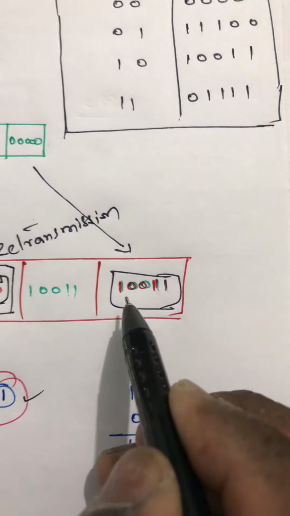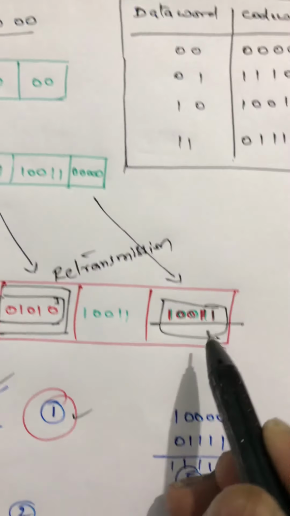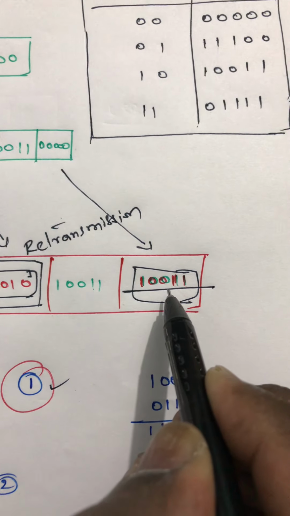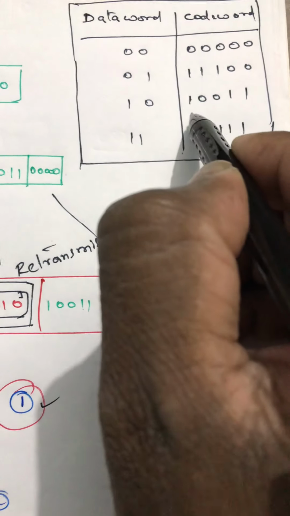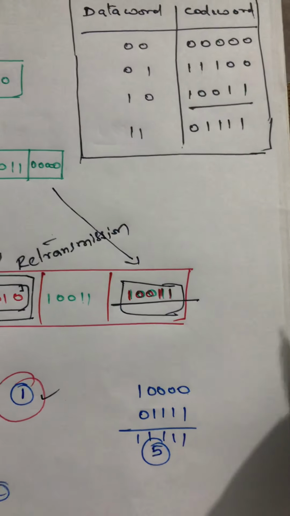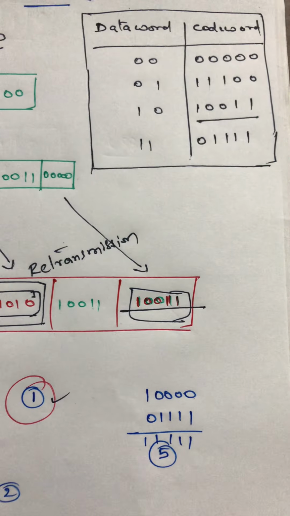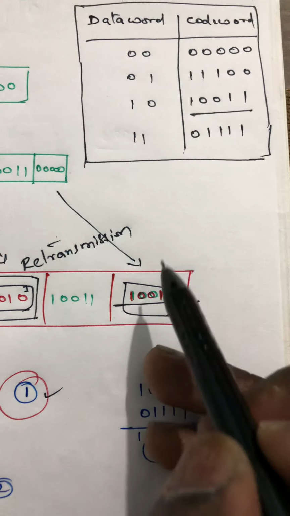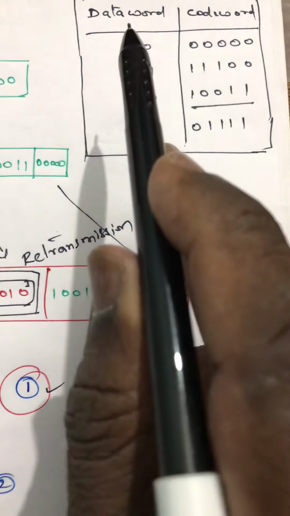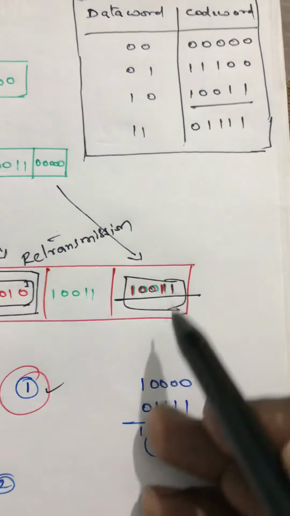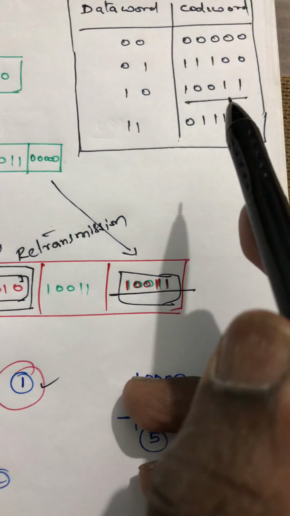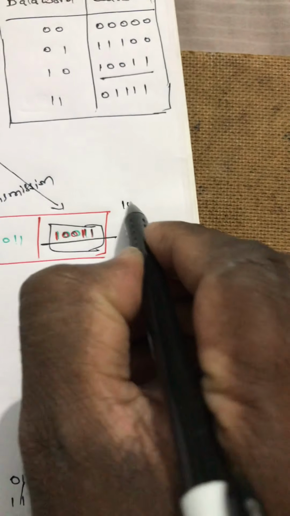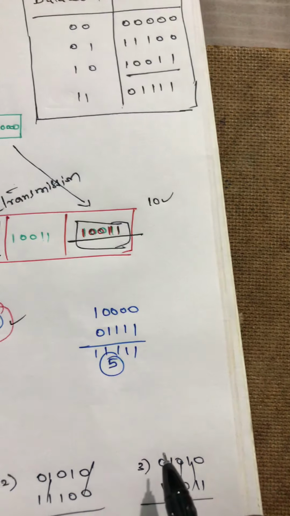Now the last one, this is pretty interesting. I have received 10011 instead of all zeros. When you see this 10011, there is an entry here, 10011. So the receiver won't complain to the sender, because it doesn't know whether the sender has sent a 00 or 10. It will go for the entry. If the entry is available in the table, then it will take this value as 10, which is an error.